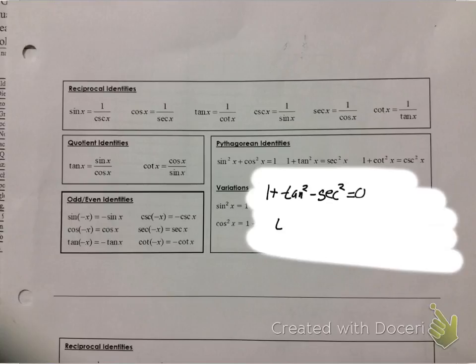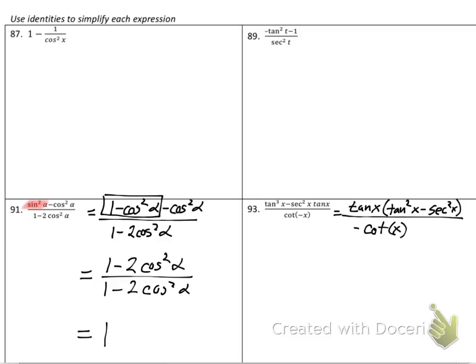Move the 1 to the other side, and I'd have tangent squared minus secant squared equals negative 1. As long as I have these written up there, I can manipulate them later on. I don't need to write down all the possible variations. So that tells me tan squared minus secant squared equals negative 1.